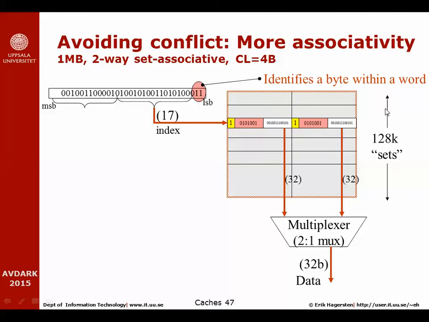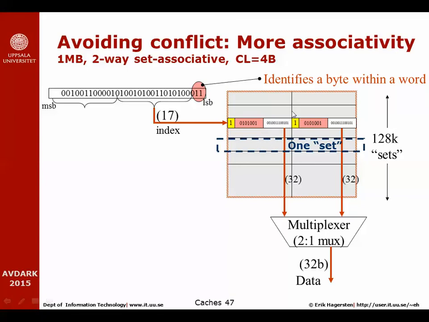We're going to have 128k sets because we're going to store 4 bytes and 4 bytes, so it's a total of 8 bytes per set. In this example, we're going to call this a set. So whatever entries in the cache are uniquely identified by the index is our set. So we have 128 kilo entries or 128 kilo sets. And in order for us to uniquely identify the correct set that we're interested in, we need 17 bits of the address. That's going to be the next 17 bits.